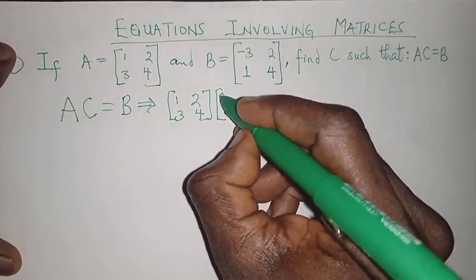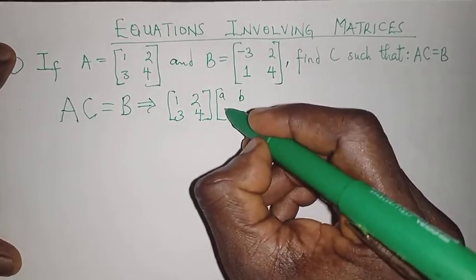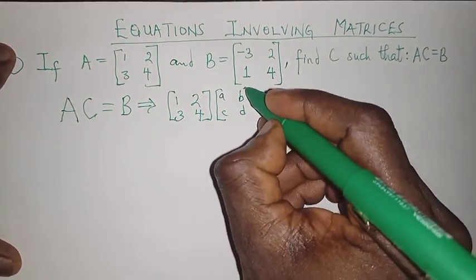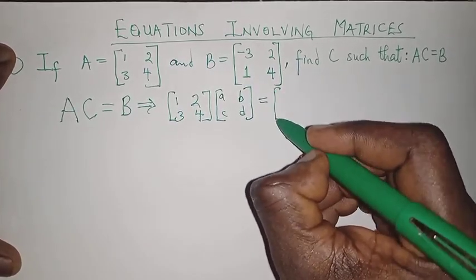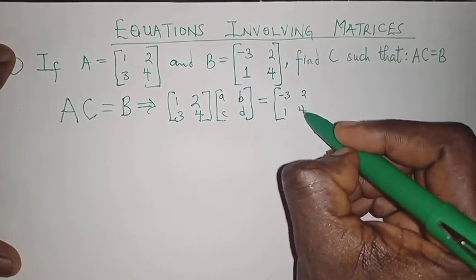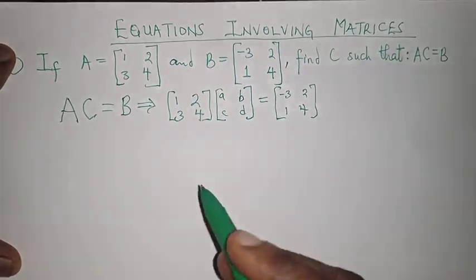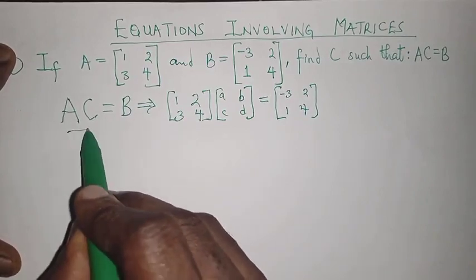So let's say matrix C is A, B, C, and D. And then we say it is equal to matrix B, which was given as minus 3, 2, 1, and 4.